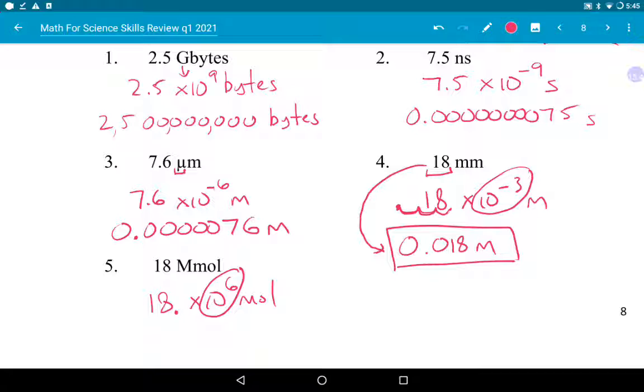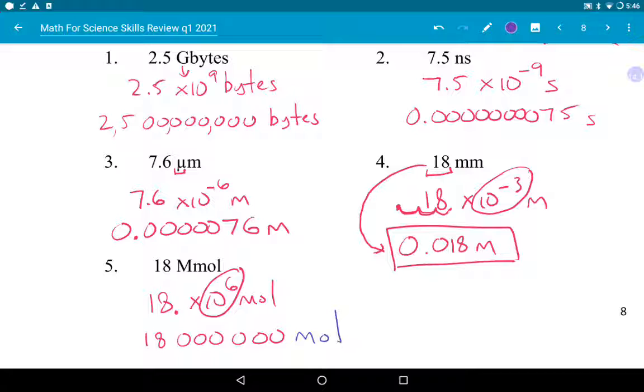So we do the same thing. We move it 6 times to the right. So it's going to be 18 and then 6 zeros. It was here, and we've moved it 6 to the right. Oh, don't forget our units.